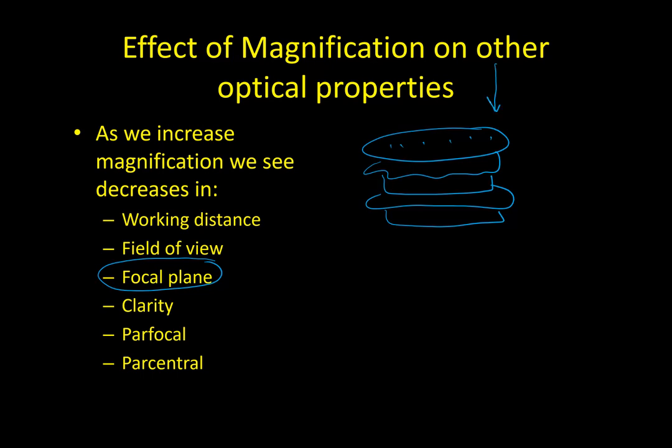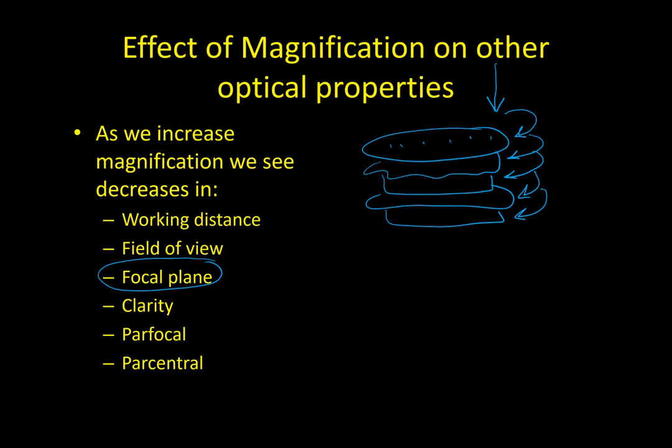As my microscope focuses, it'll focus on the first layer, and then that layer goes away, and then it'll focus on the next layer. So let's say the lettuce, okay? And then that layer goes away. It literally goes from plane to plane to plane, from layer to layer to layer as it focuses.